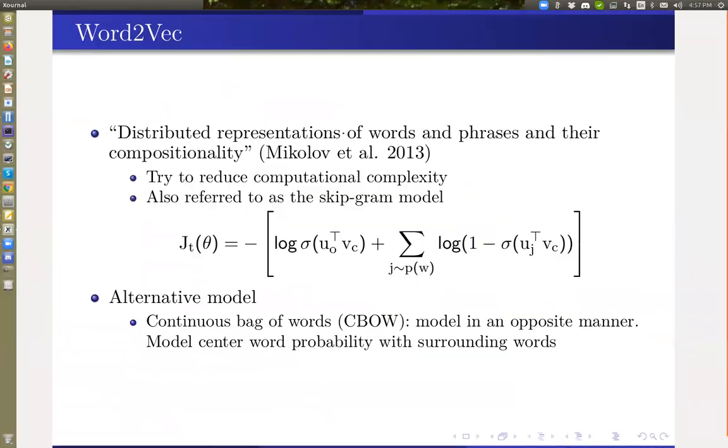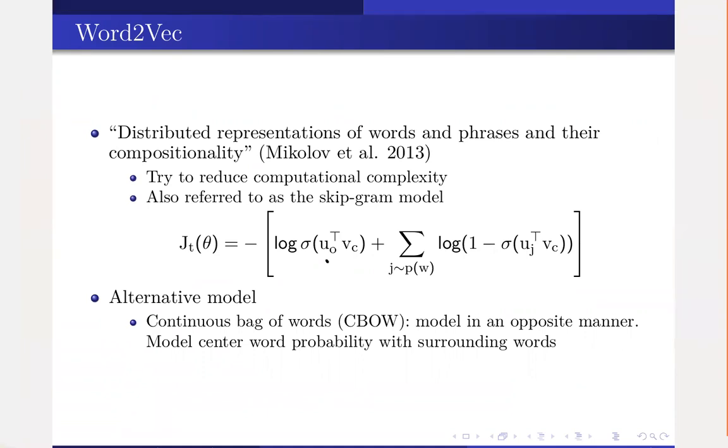They simplify the model a little bit. So instead of using the softmax to normalize the probability, they use sigmoid instead. You can think of this again as some kind of co-occurrence score. If this inner product is high, it's likely to have co-occurrence.